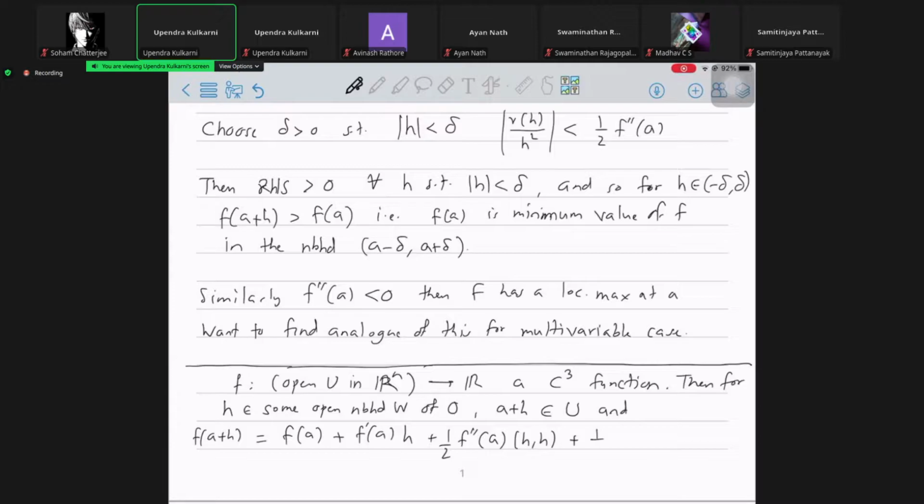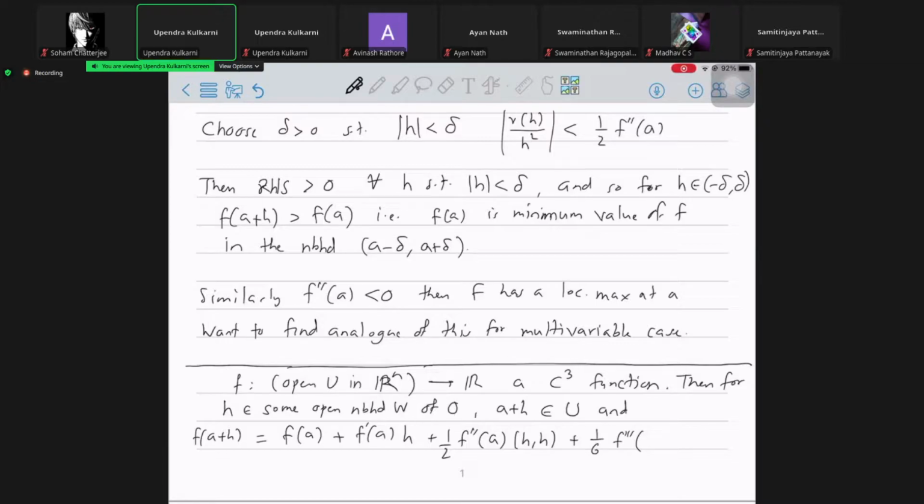So what does the remainder term say? This is 1/6 times f triple prime of something. Where is that something, by the way? Because we just do this by applying the one variable Taylor's theorem on the straight line joining a and a plus h. Because I have an open set, I can find a small enough ball around it which will be convex, so the entire straight line lies in the domain, and then I just apply it to the composite function.